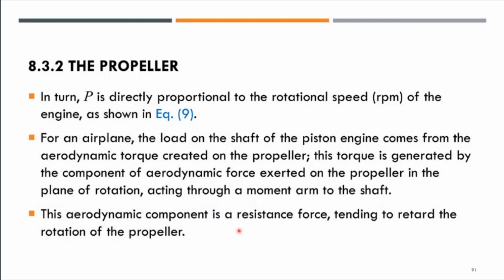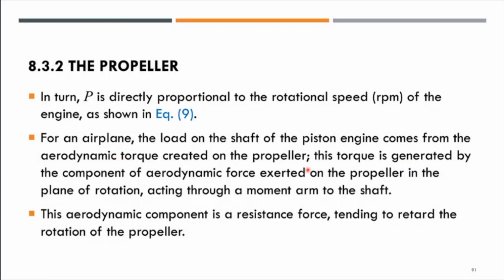In turn, the shaft power P is directly proportional to the rotational speed RPM of the engine, as shown in equation 9. For an airplane, the load on the shaft of the piston engine comes from the aerodynamic torque created on the propeller.